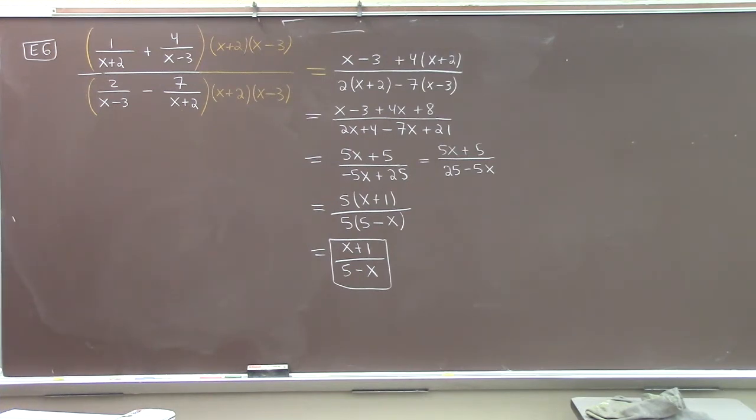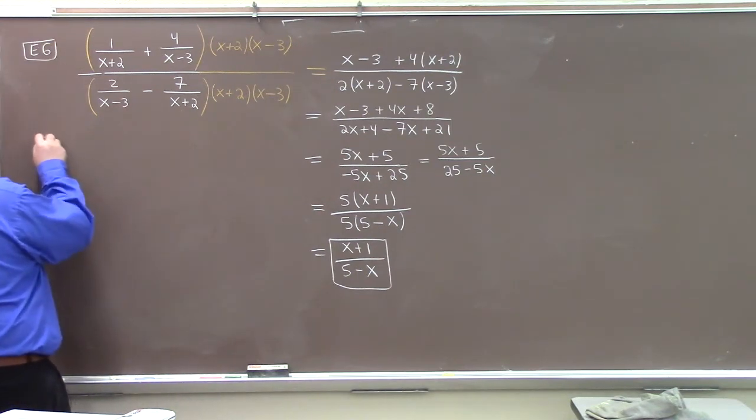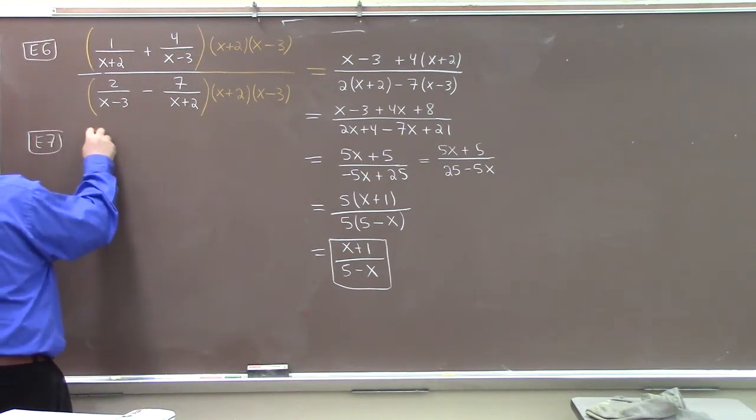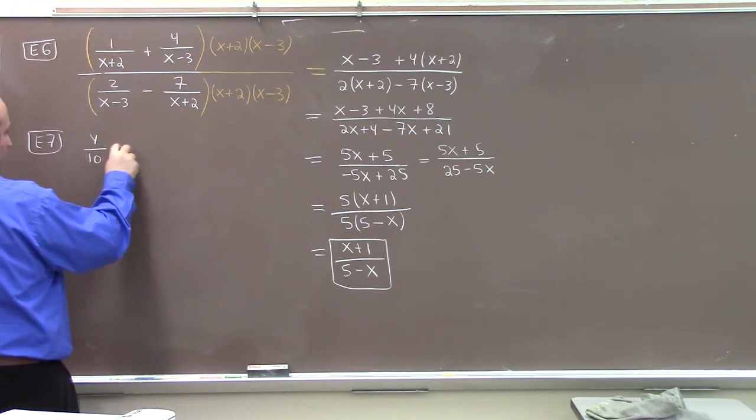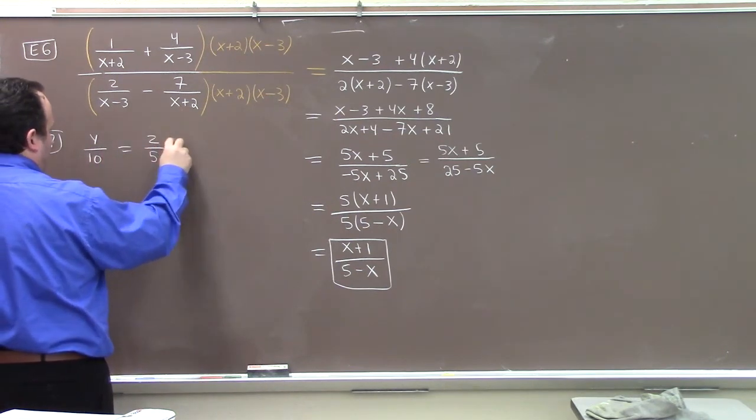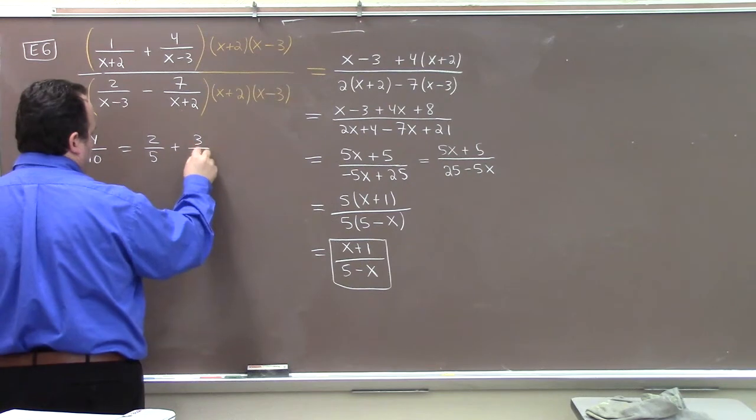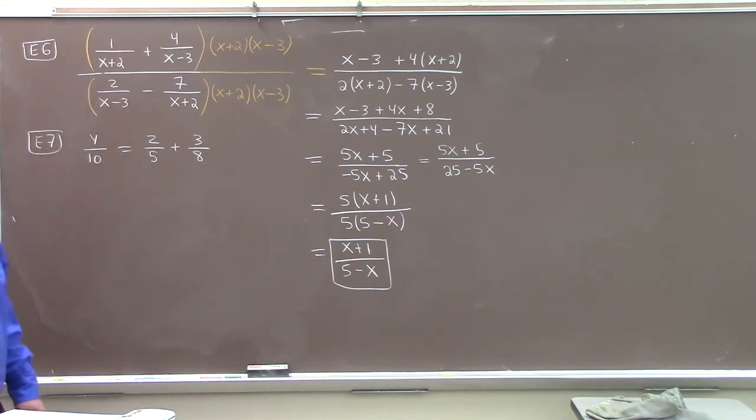Let's solve y over 10 equals 2/5 plus 3/8. So how are you going to solve something like this?